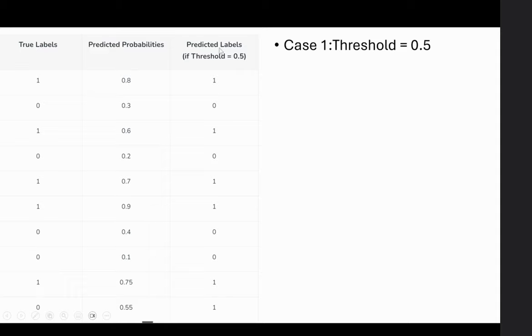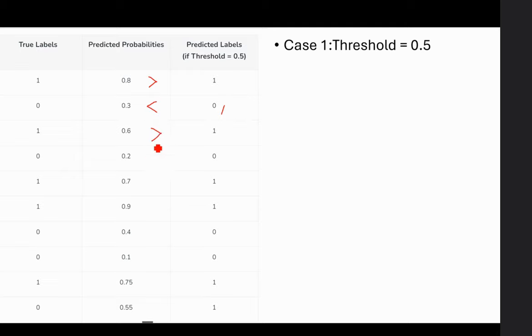Now in the third column, we predict the labels based on the threshold value. We compare the predicted probability with the threshold value. If the predicted probability is greater than the threshold value, the predicted label is 1. If it is less than the threshold value, the predicted label is 0.